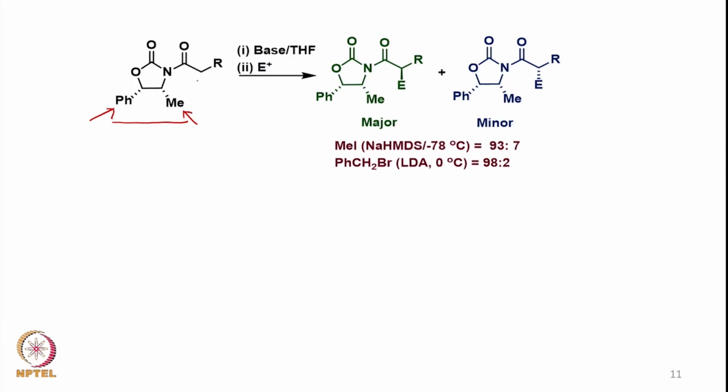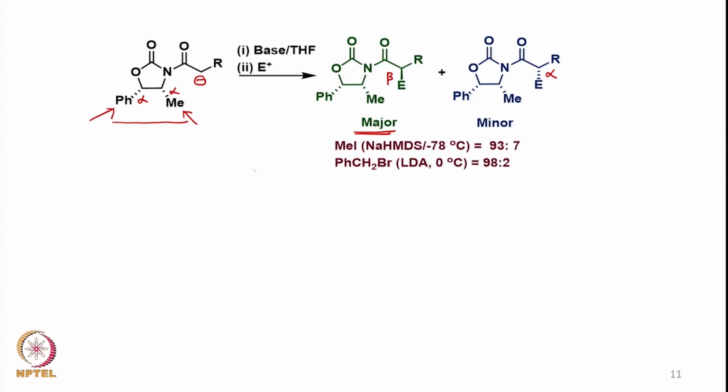Therefore, if we do the deprotonation here and react with an electrophile, the major product will form like this, because these two are alpha oriented. Therefore, the electrophile comes from the beta side and this is the alpha side. As you can see, under two different conditions the selectivity is 93:7 and 98:2.